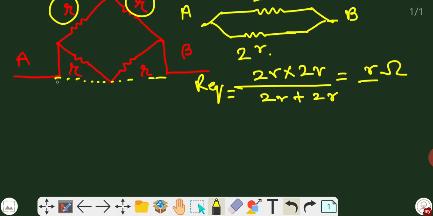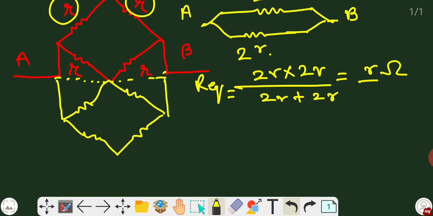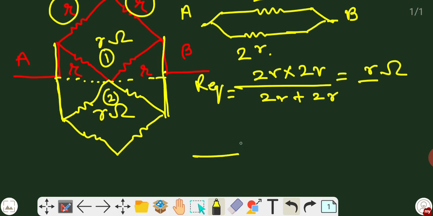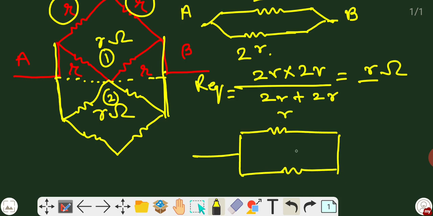Similarly, the other part is like this. If it is R ohm, this will also be R ohm, as it experiences the same arrangement as the first. Now they are both joined to this node, so it is R ohm and again R ohm.